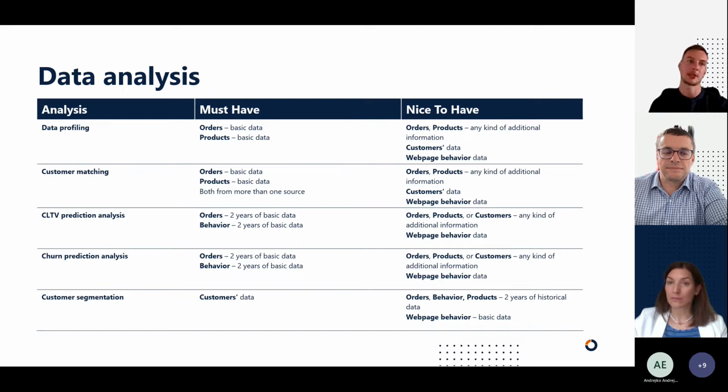So there are more ways how to segment your customer base. It does not really need to be that advanced as we described it throughout this webinar. There are more ways which are a little bit similar and can give you quite good results as well. So there it really depends. We need to have at least some customer data, and we need to do the profiling so that we know what we can provide.